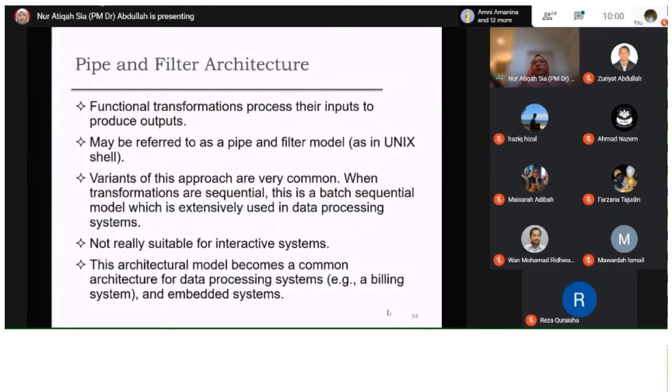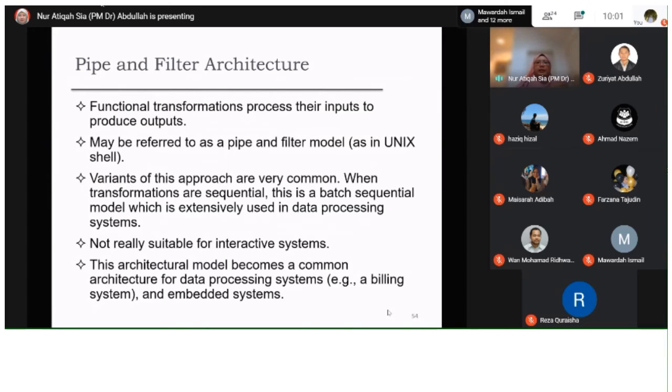So we have a very clear cut of the input, lalu certain process A, process B, process C dan sebagainya. The output for one process will be the input for another process and so on until you produce the end products of it.